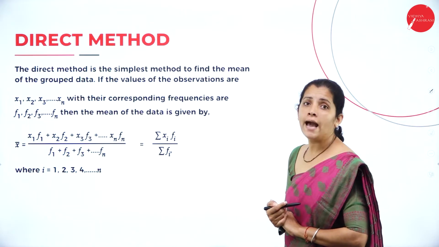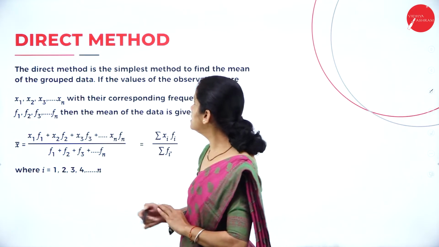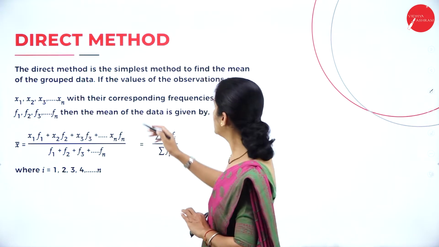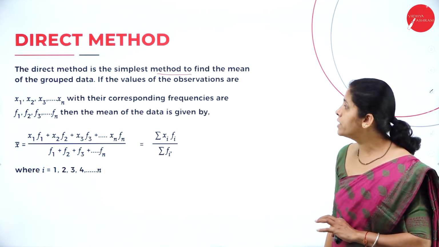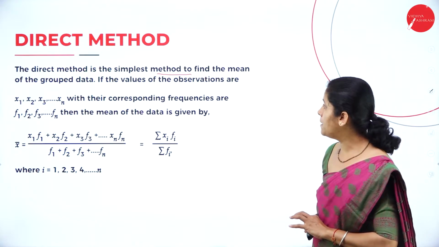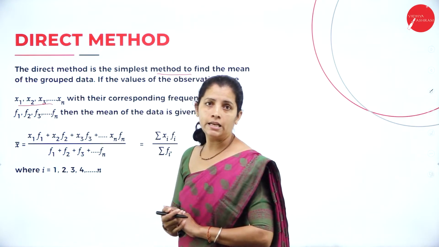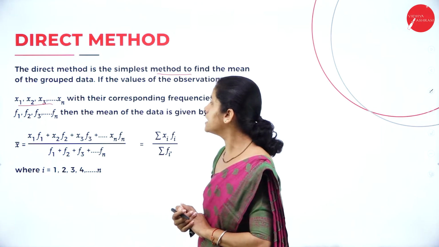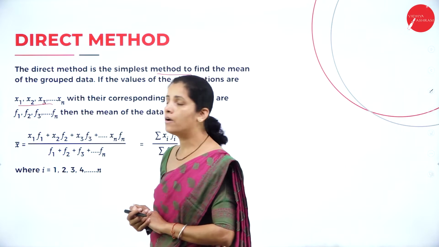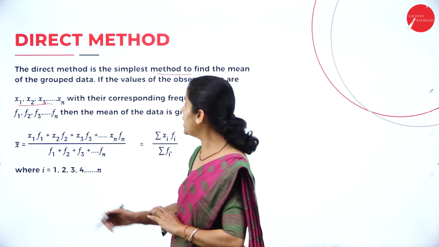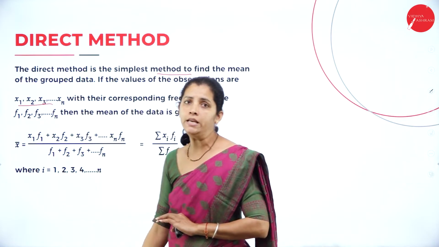Let's see the direct method. Dear student, the direct method is the most common and simplest method used to find the mean of given grouped data. Think that I have the data set x1 to xn with the corresponding frequency values f1 to fn. Now, I want to find the mean.